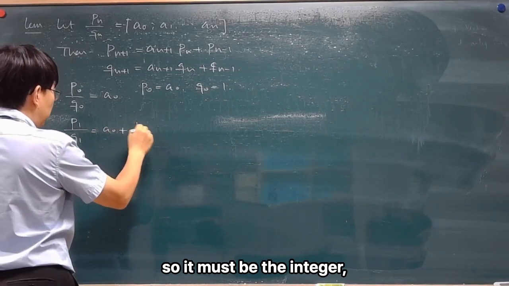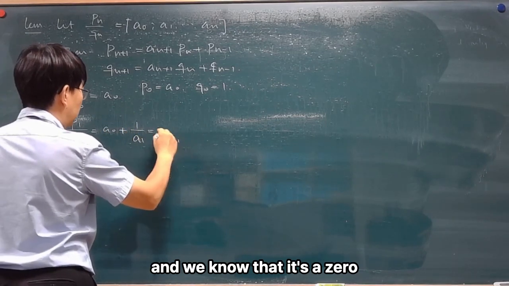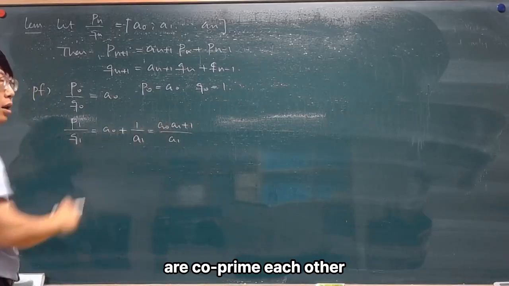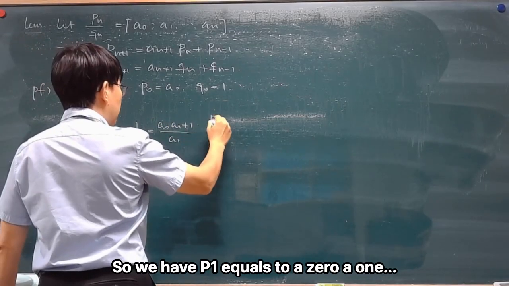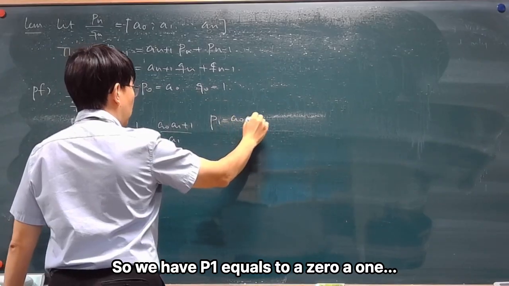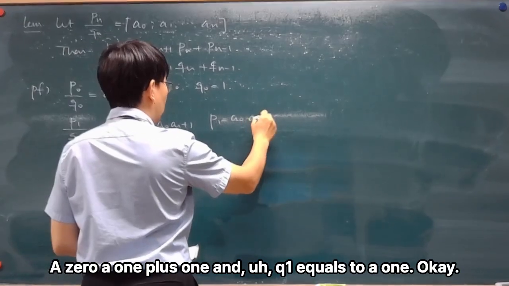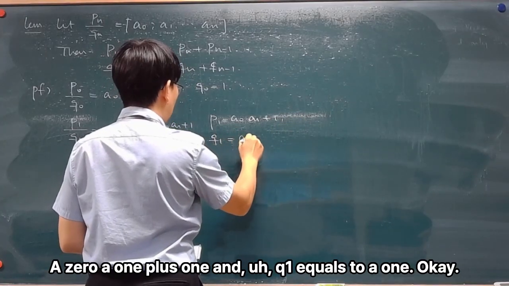So it must be the rational number given by this formula, and we know that it's a0 a1 plus 1 over a1. Obviously, these two numbers are coprime to each other because of the plus 1 here. So we have P1 equals a0 a1 plus 1, and Q1 equals a1.